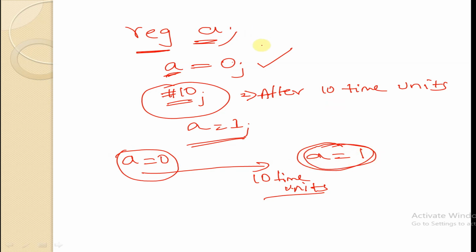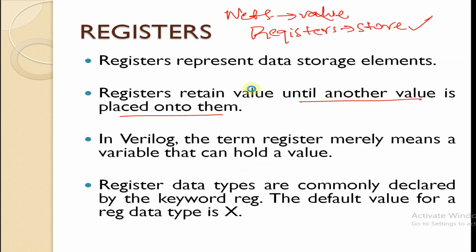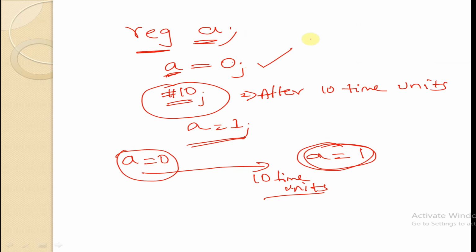Whereas in the case of nets, that is wire, it cannot store the value. It will go on continuously changing the value.